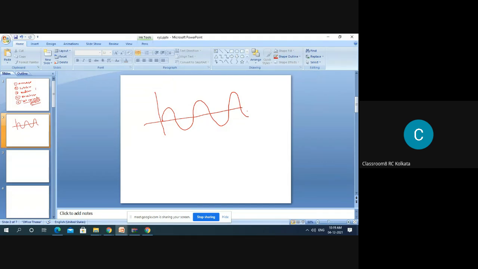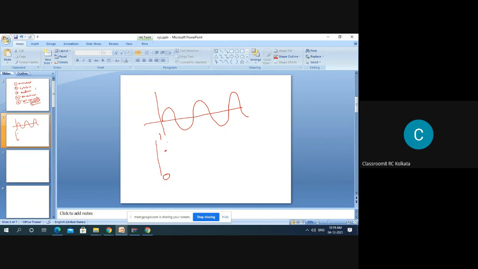Suppose no signal means 0 and high quality signal means 1. Suppose the signal is like that. Very good signal means near about 1.